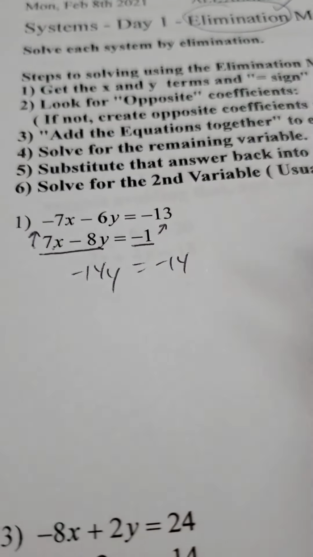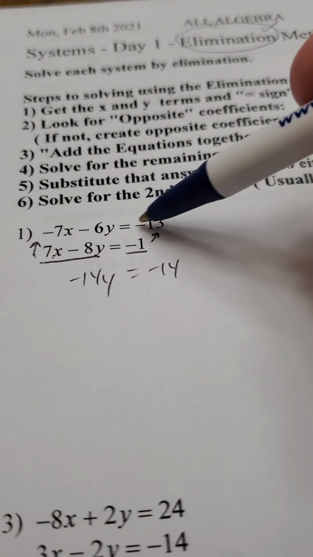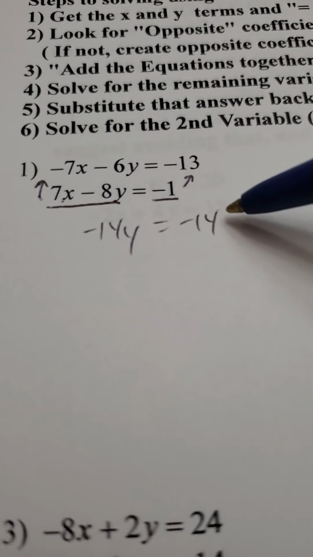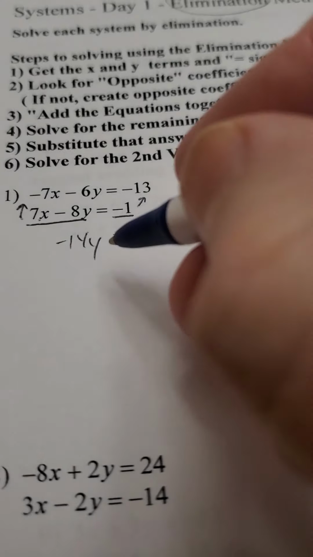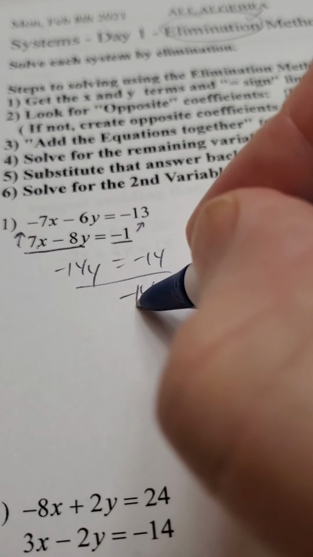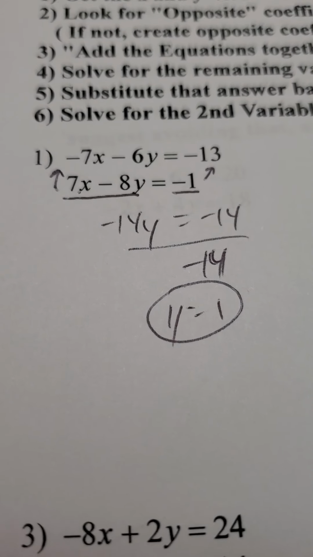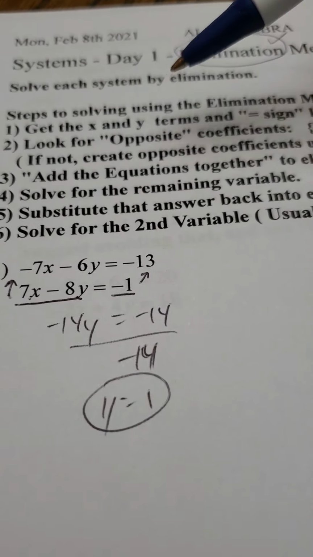When I add the numbers together, I get negative 14. So instead of two equations with two variables, I now have one equation with one variable. Step 4 says solve it. Divide by negative 14 and get positive 1.